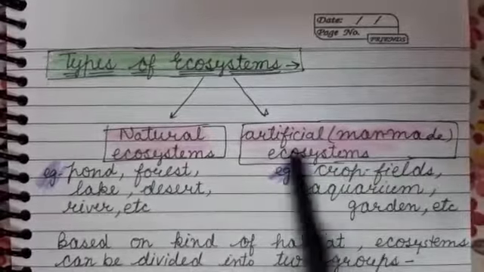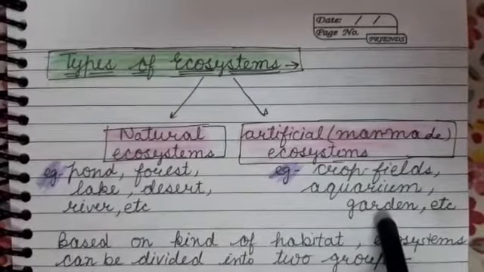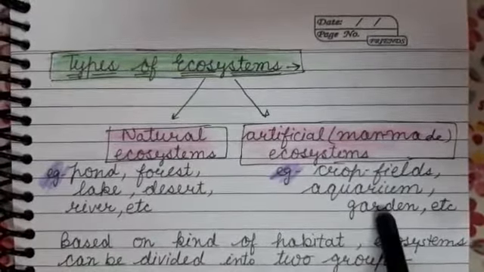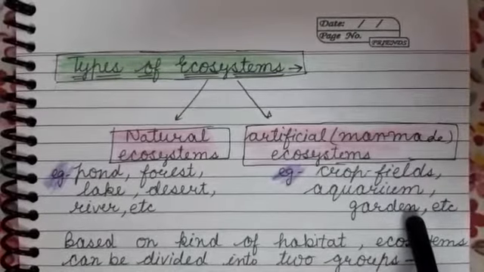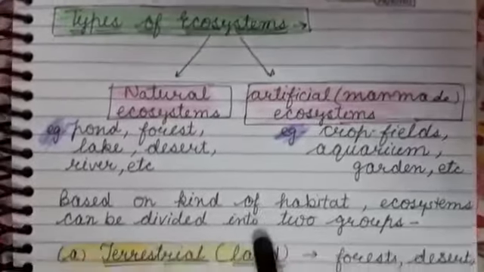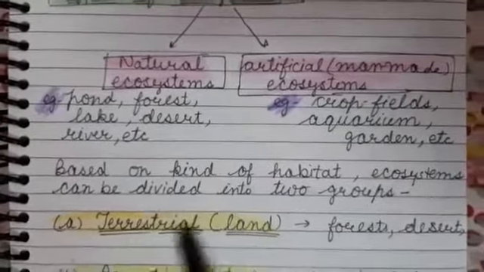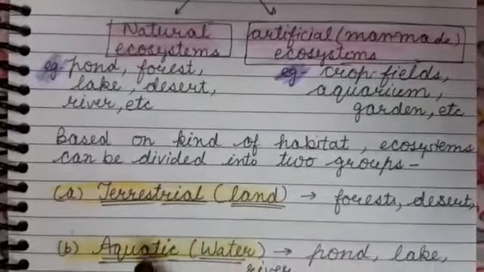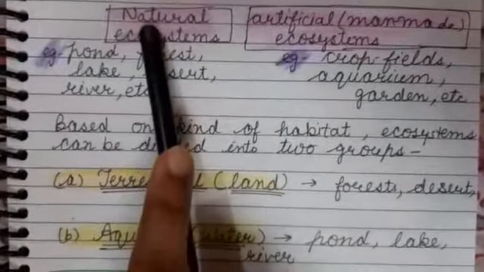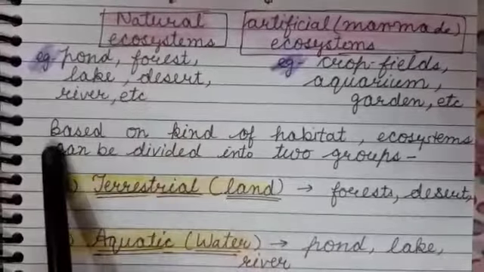Okay, and artificial ecosystems are created by human beings like crop fields, aquarium, garden. On the basis of kind of habitat, we can divide ecosystems into two groups, that is terrestrial and aquatic. These natural systems may be terrestrial or aquatic.